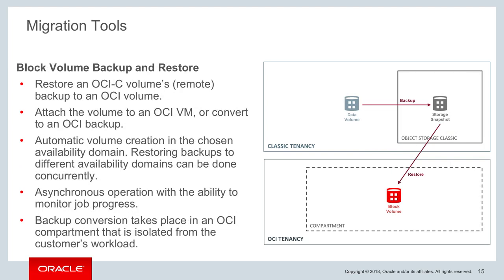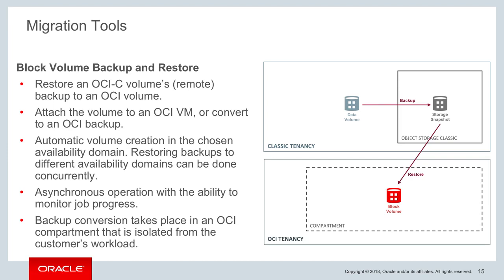In the previous slide, you saw how the block storage and VM migration tool can be used to migrate VMs and attach storage volumes from OCI Classic to OCI. If you want to migrate data volumes which are not attached, or you want to migrate data volumes without migrating the boot volumes, you can also consider using the block volume backup and restore tool.